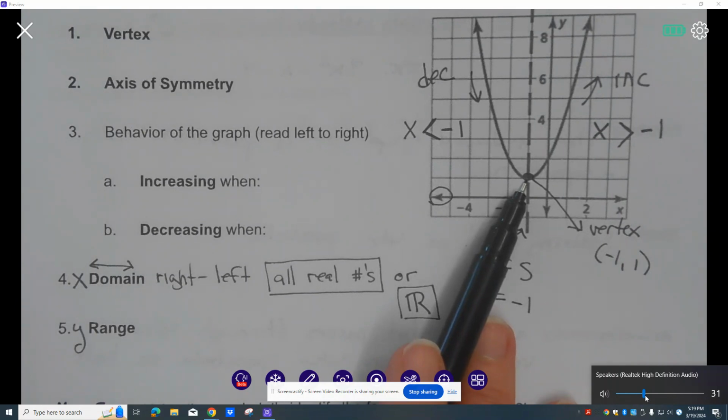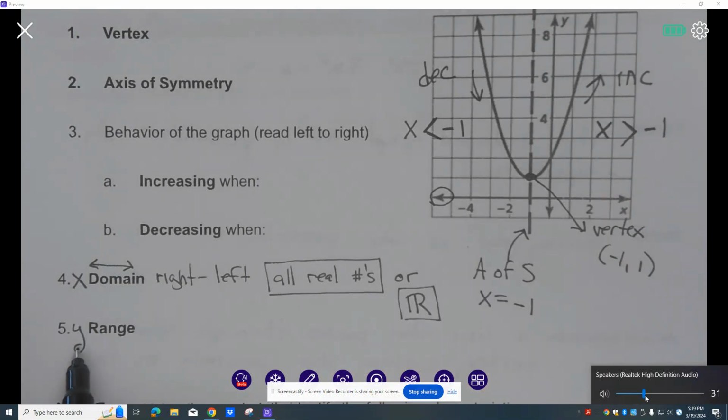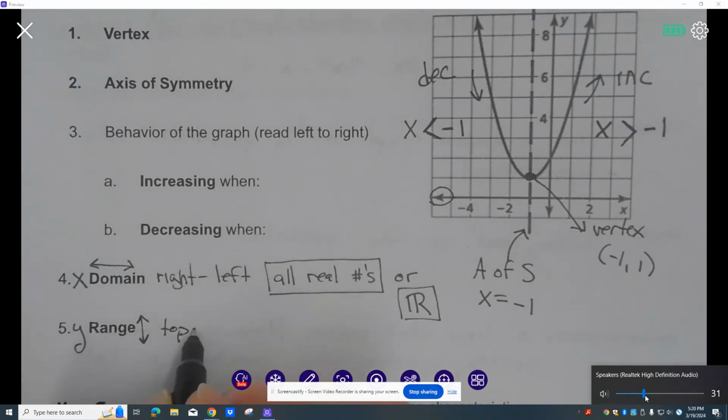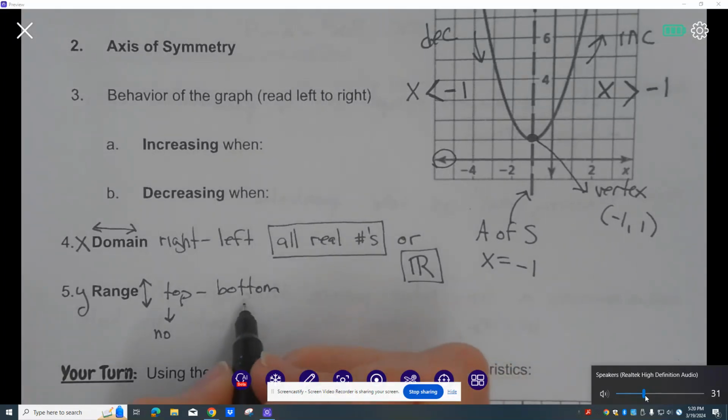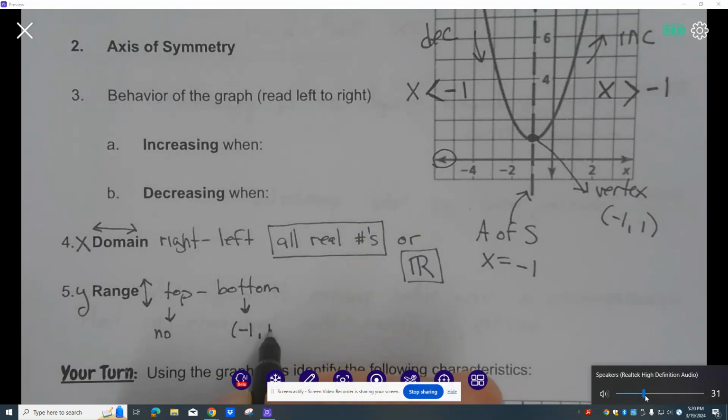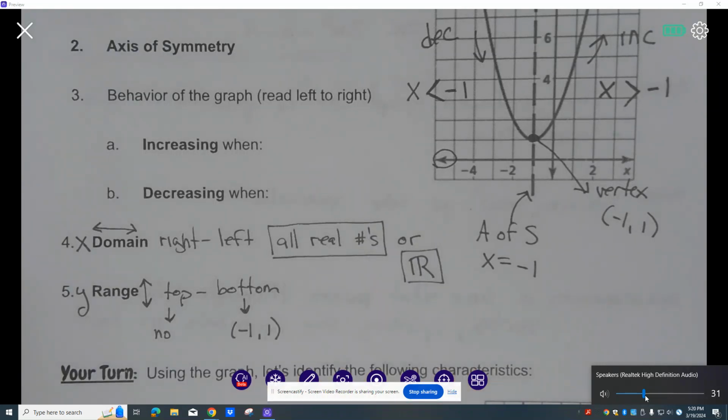And so range are y values. So you want to think, where is the top and where is the bottom? So I'm going to say it has no top because it goes up forever. The bottom is at that vertex, which is -1, 1.